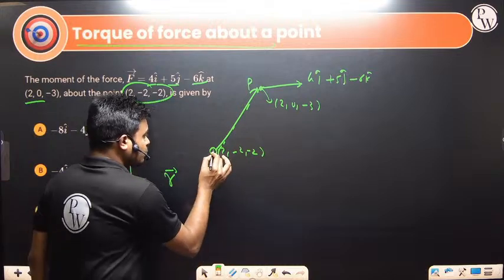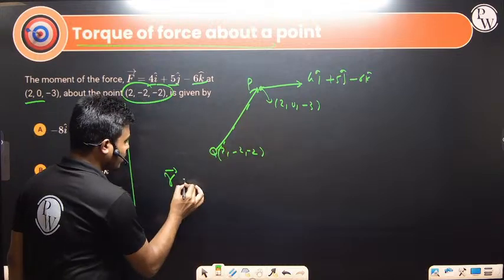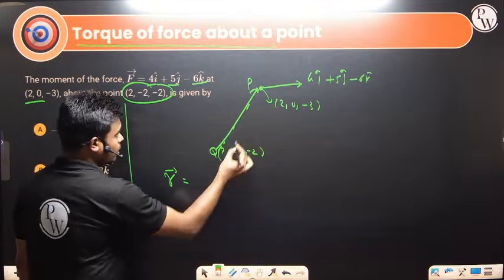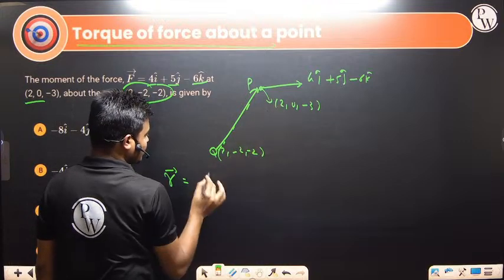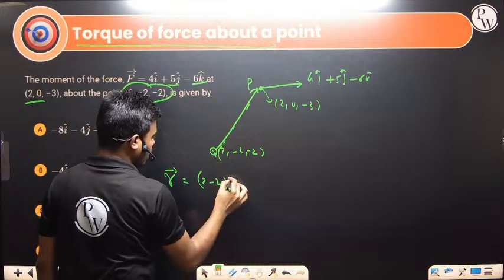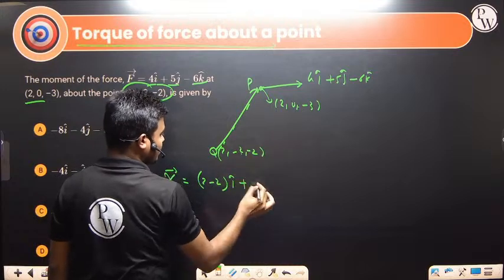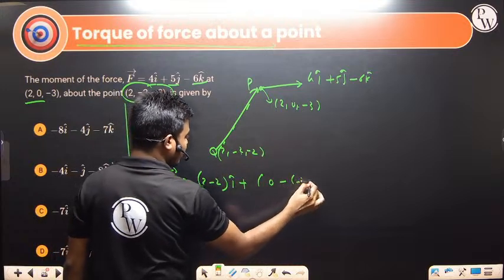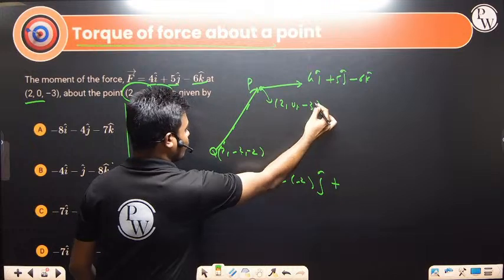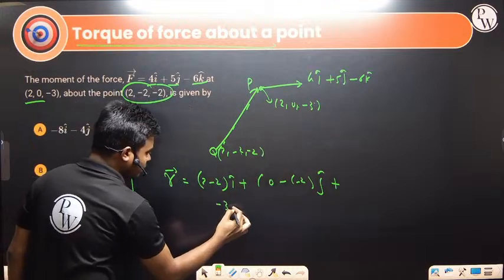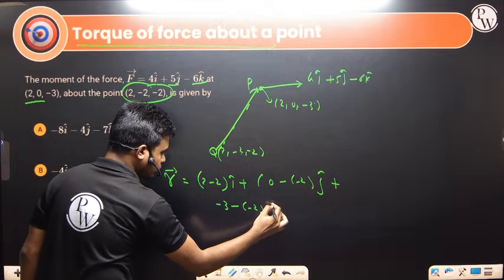So joining Q and P, the R vector will be final minus initial: 2 minus 2 i cap, plus 0 minus of minus 2 j cap, plus minus 3 minus of minus 2 k cap.